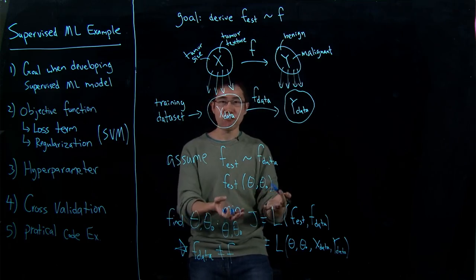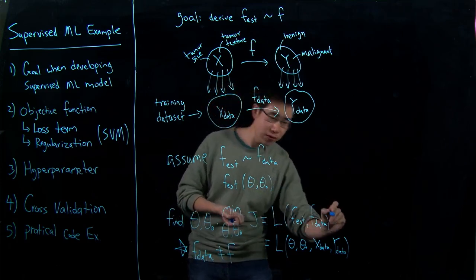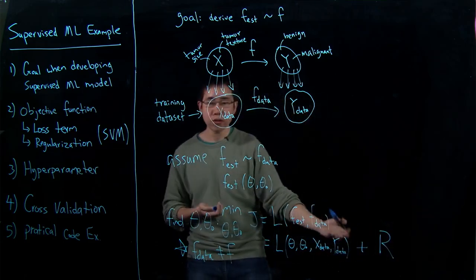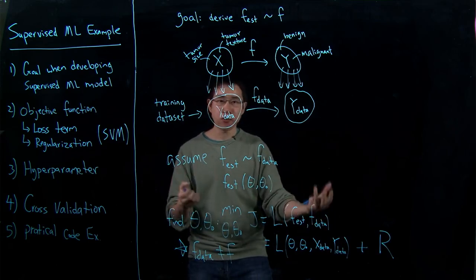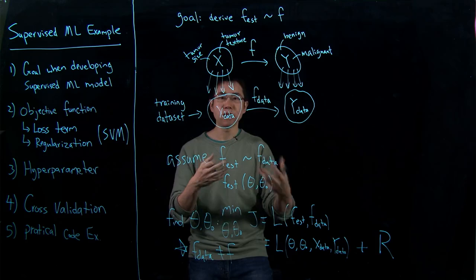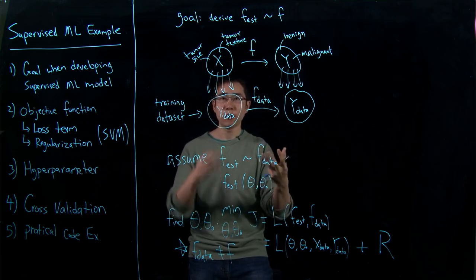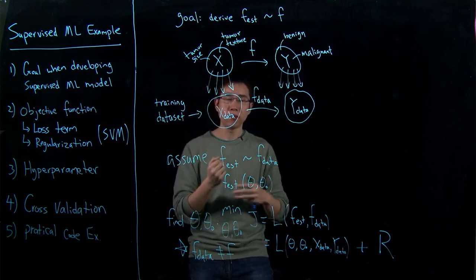So we must add a regularization term to this objective function. And this regularization term would constrain our f estimate so that it doesn't become too similar to f data, that is unable to generalize to data within X that are not in X data.